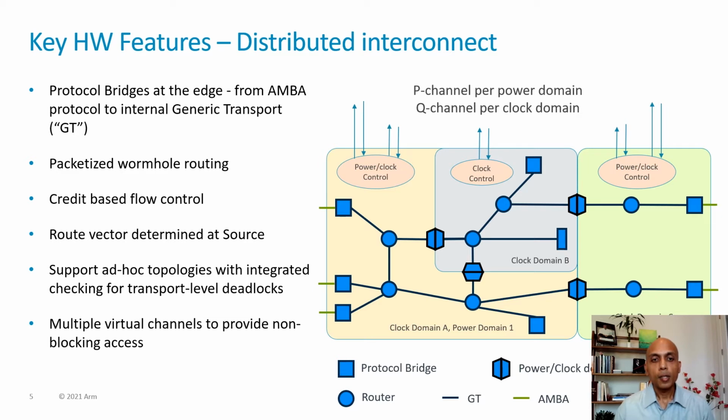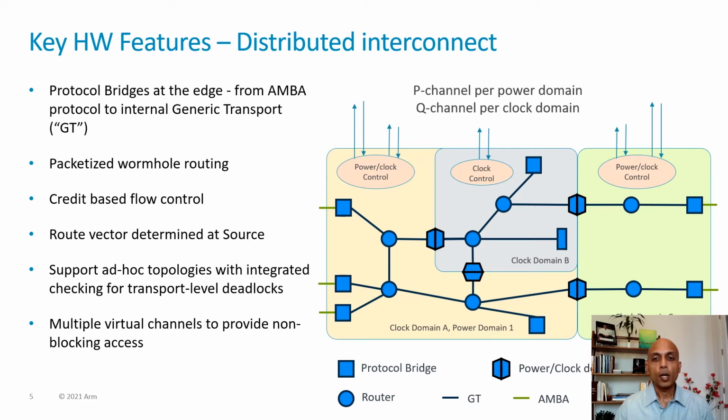And internally, NI700 implements a packetized wormhole routed interconnect where the packets are further broken down into flits. And the flow control between components in the interconnect is credit-based flow control that allows us to be more scalable.